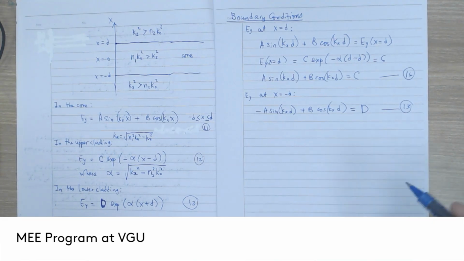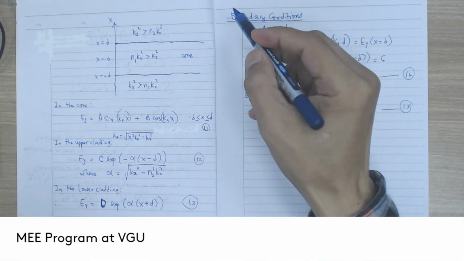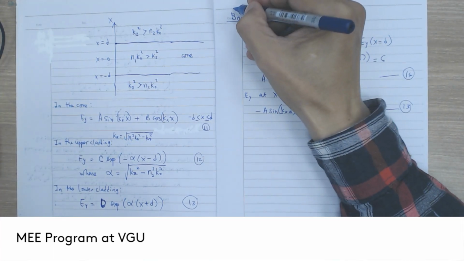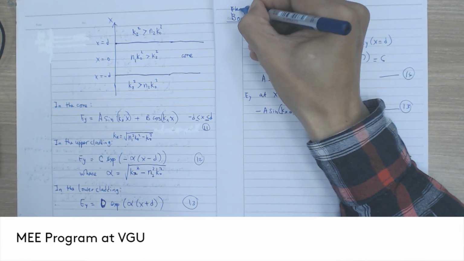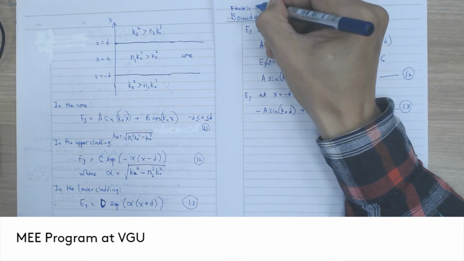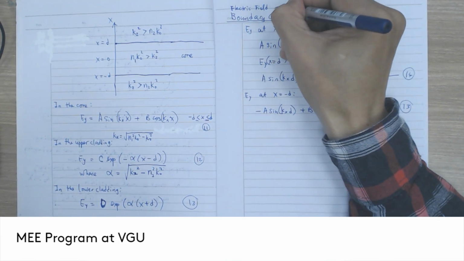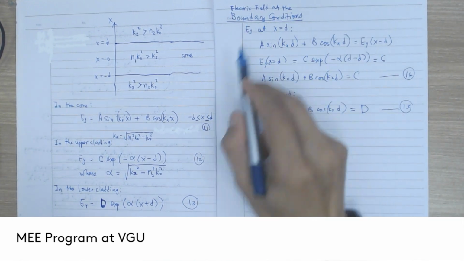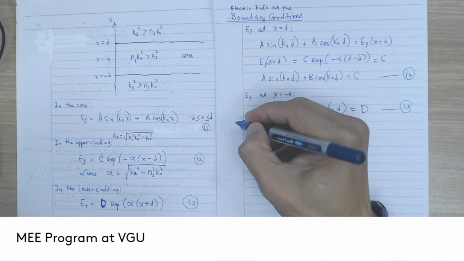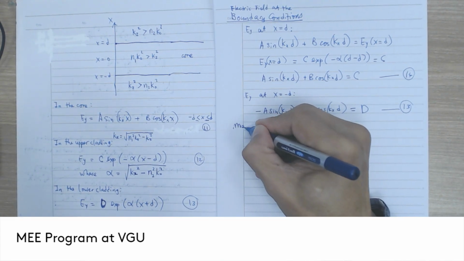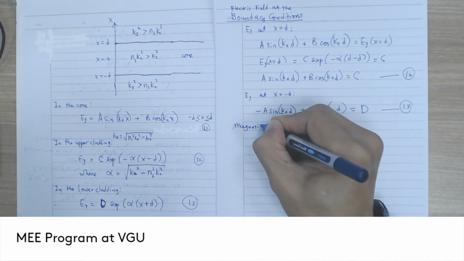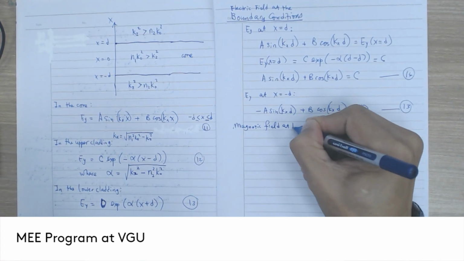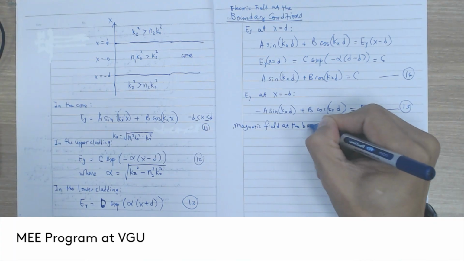Let's take a look at the magnetic field. What we have just looked at is the electric field with the boundary condition. Now I'm looking at the magnetic field at the boundary.